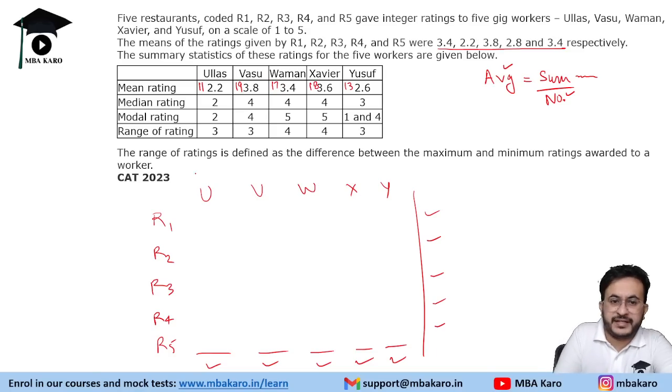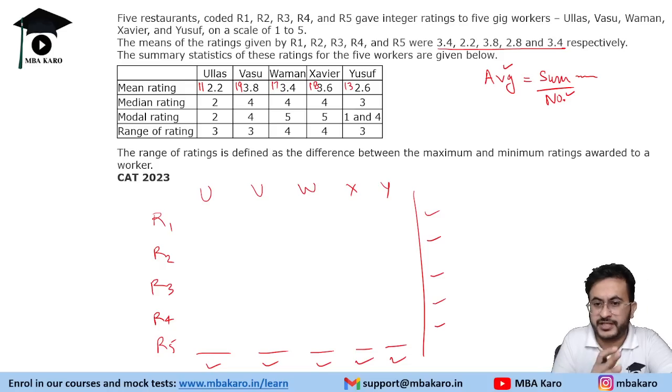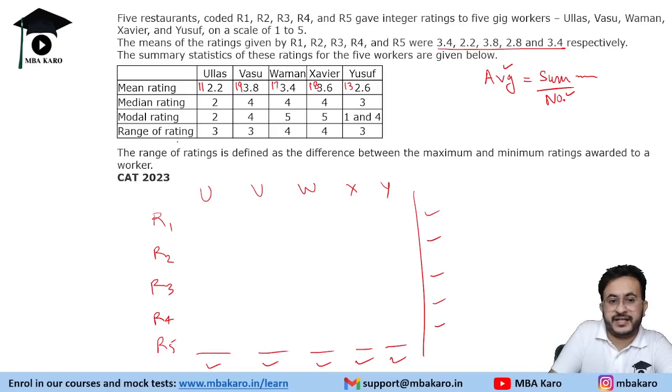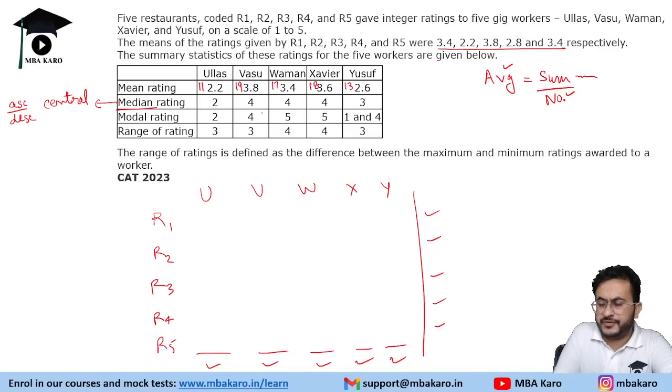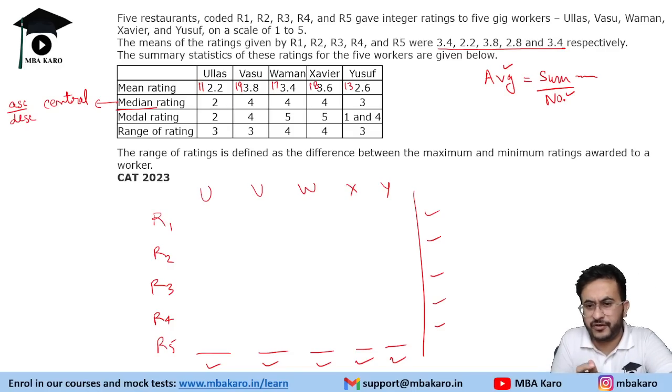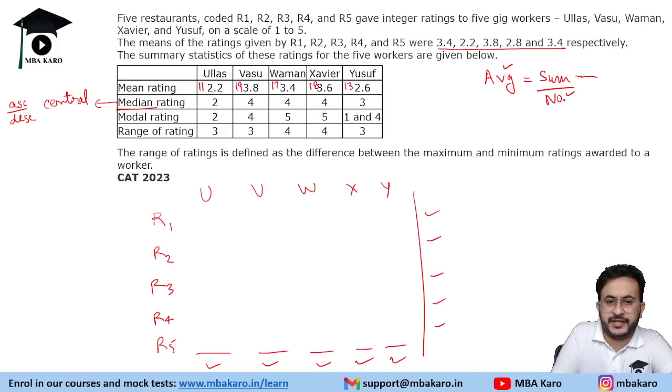Now, median and mode. Okay, what is median? Median is the central value in terms of ascending or descending. Now, some of the values were given. A person got a rating of 5, a rating of 1. So if you solve this set, you will understand it better because all the conditions are not present over here.